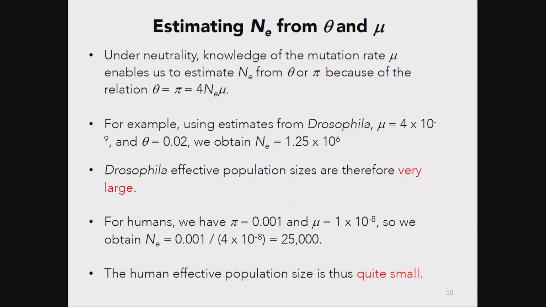And so I think that's what I'm going to try and illustrate here. So let's say we know the mutation rate, and nowadays we can measure this, or estimate it, quite well. So from this simple formula, we know that theta Watterson or pi equals 4 NE mu, right?